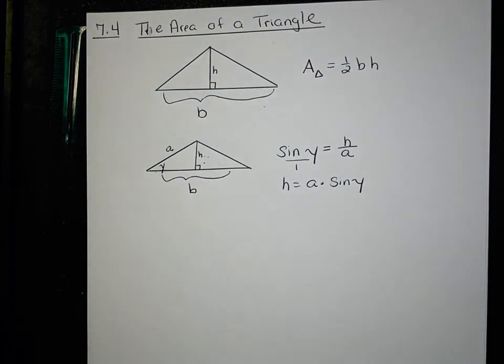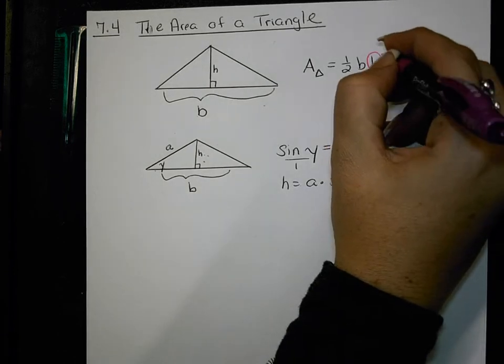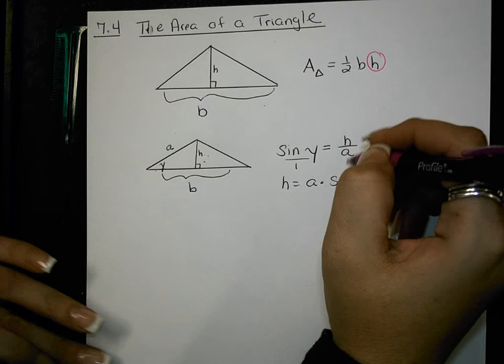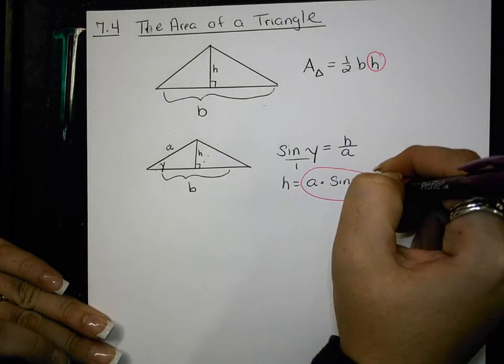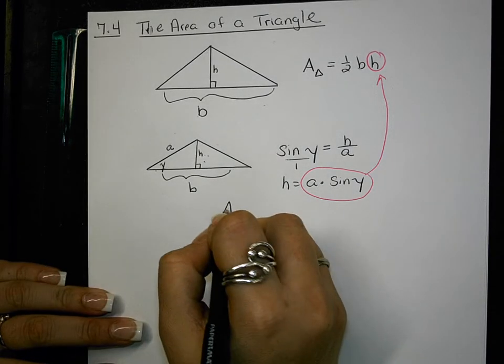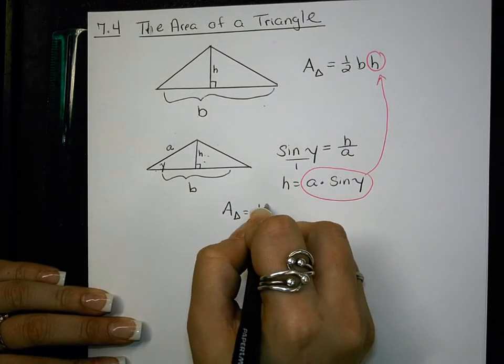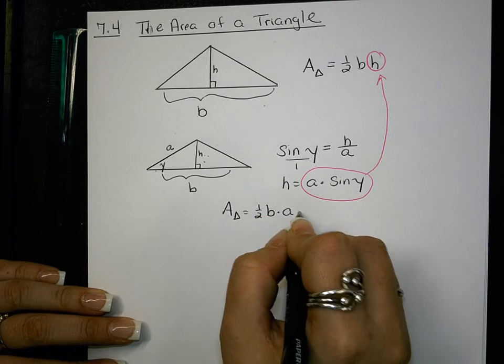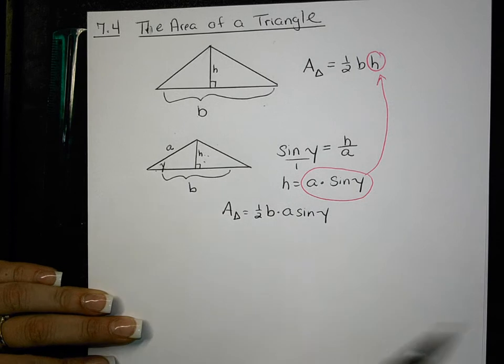So what I'm going to do here is replace H in my normal equation for area of a triangle that we learned back in 5th grade or something like that. I'm going to take this H and replace it with this. So it's going to look something like this: area of a triangle is 1/2 the base, but instead of H, I'm going to put in A sine gamma.